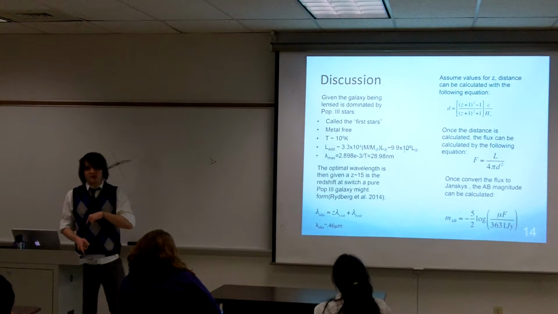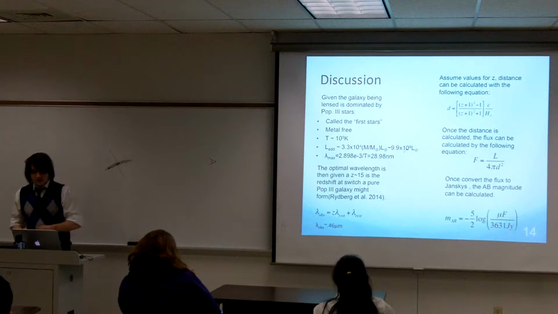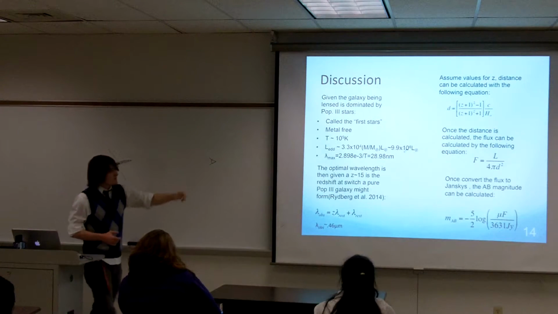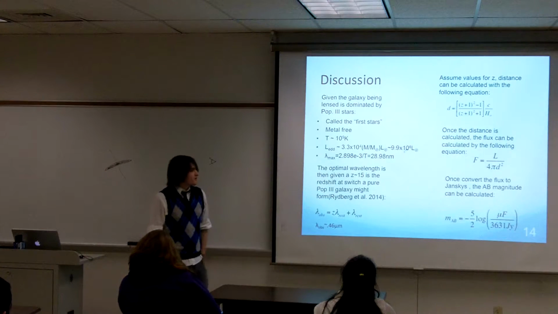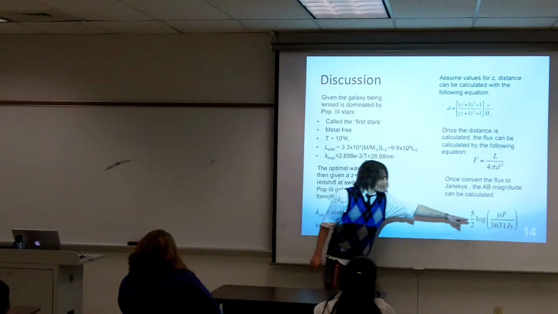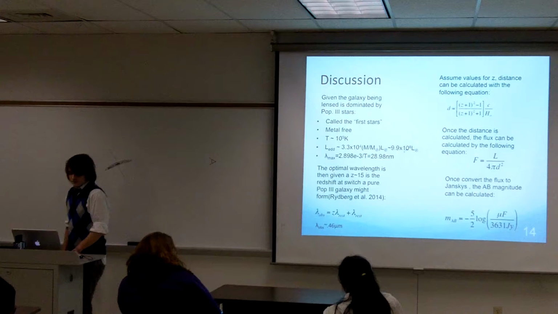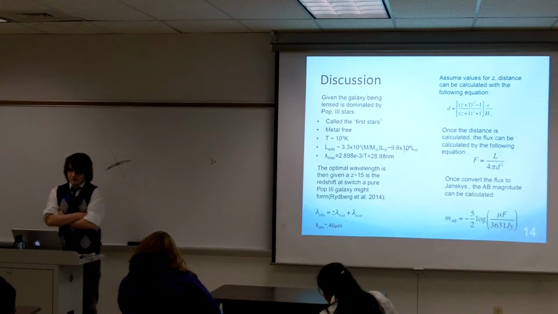You then have to convert that flux to Janskys to then use it to get the AB magnitude, which can be calculated by, again, the same equation we saw earlier. And by the way, this mu is the same mu that we saw earlier with the magnification. So the magnitude scales as the log of the magnification.